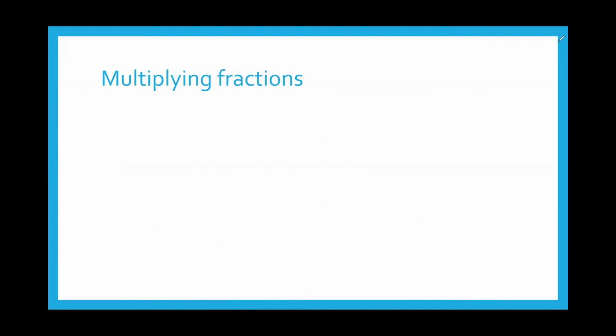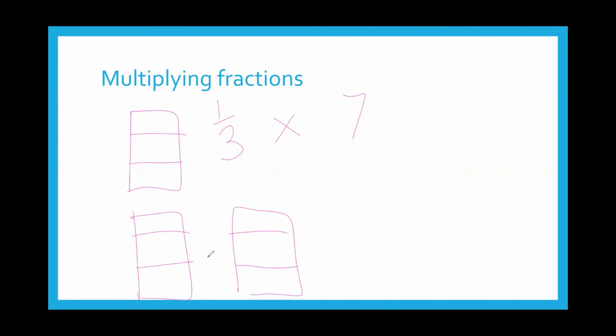In multiplying fractions, this is really the same thing as repeated addition. So if you had 1/3 and you multiplied it by 7, you're basically saying that you have 7 different 1/3s. So you have 1/3, 2/3, 3/3, 4/3, 5/3, 6/3, and then 7/3.